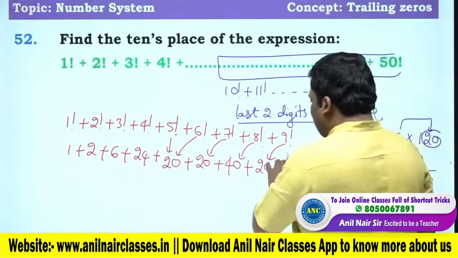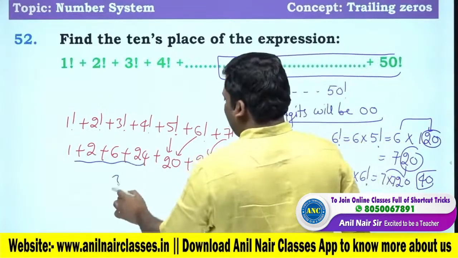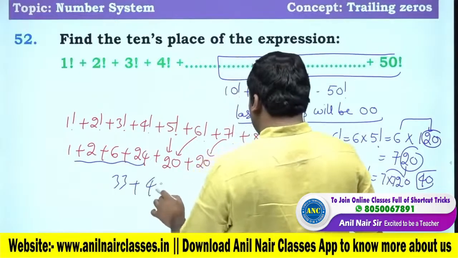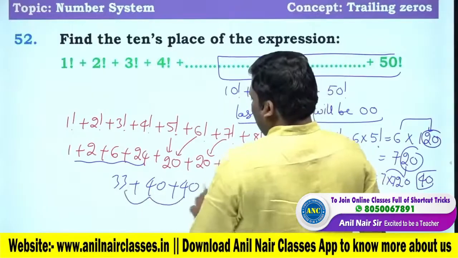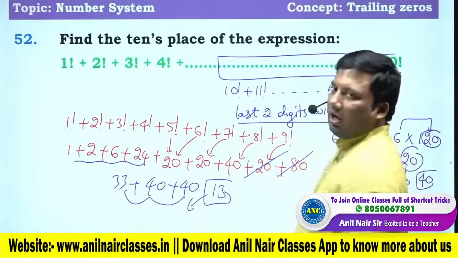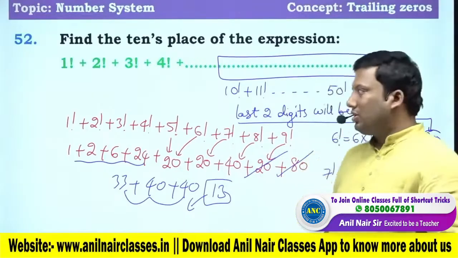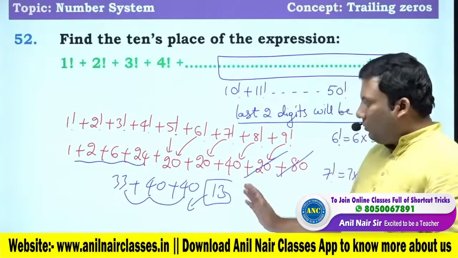Idea clear? 80 plus 20, 100. This is 33. This is 40. And this will be 40. The tens place is nothing but 1. Idea clear? So the answer will be 13.